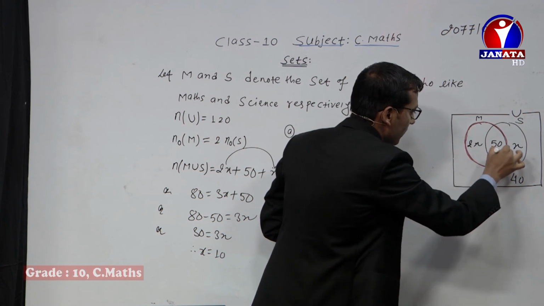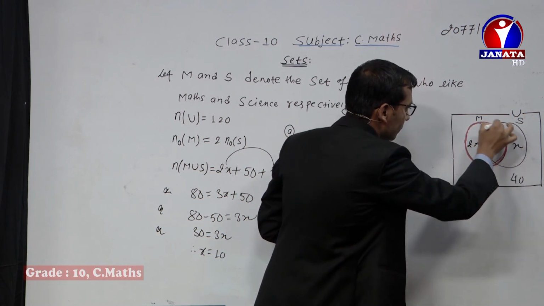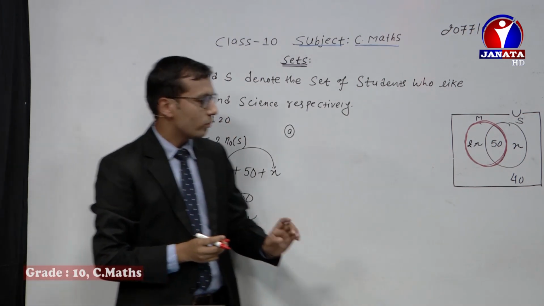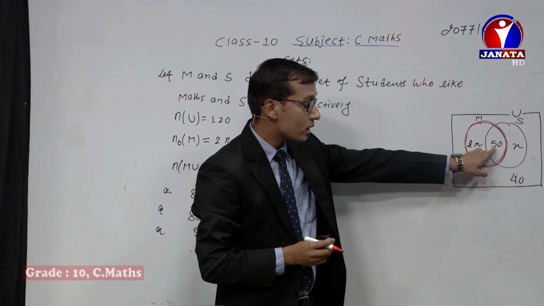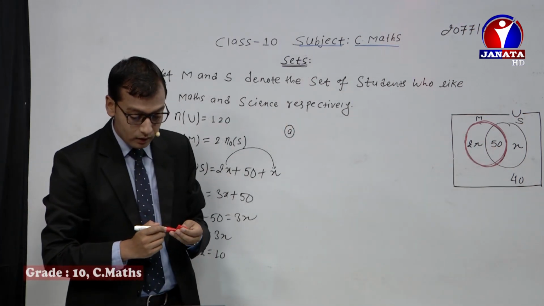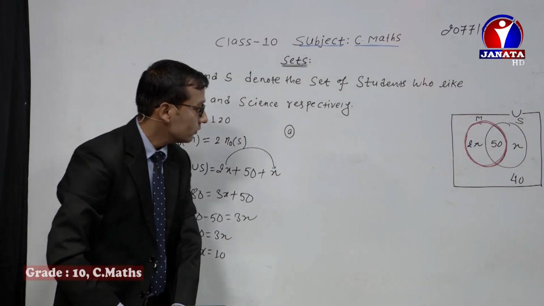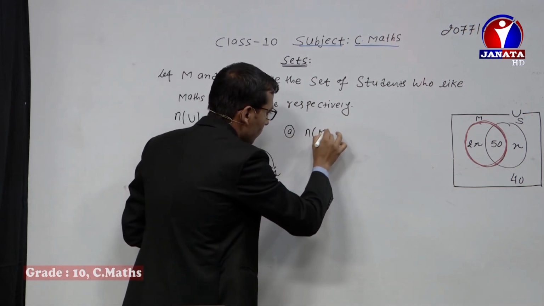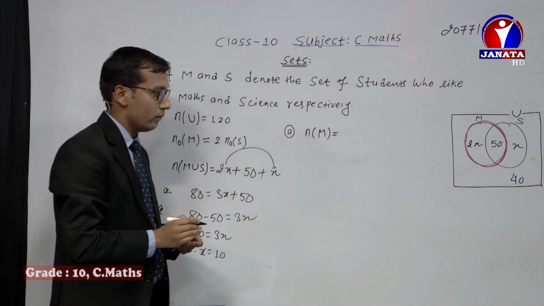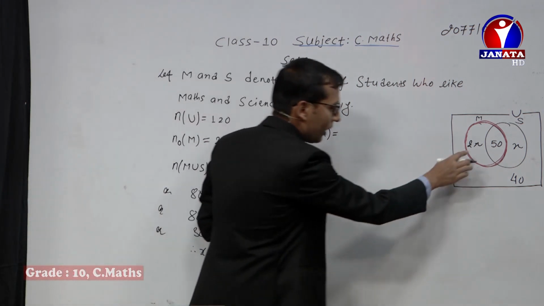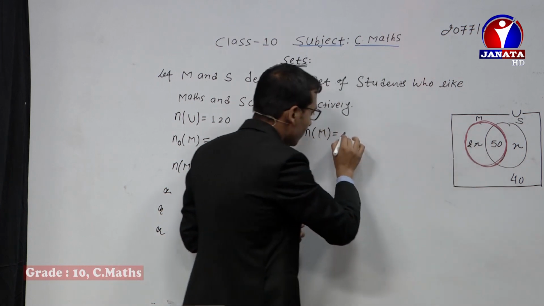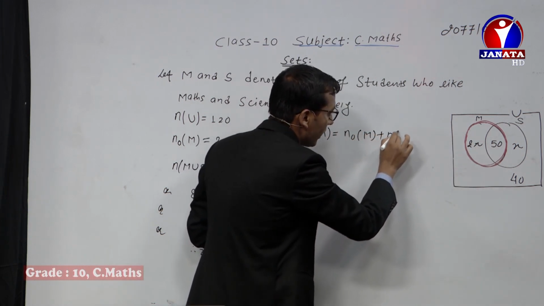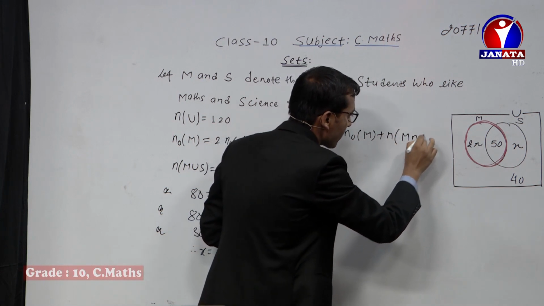This is the set for math. So in total, how many students like math? Twice x plus 50. So n of M, the number of students who like mathematics, is n only M plus the intersection.